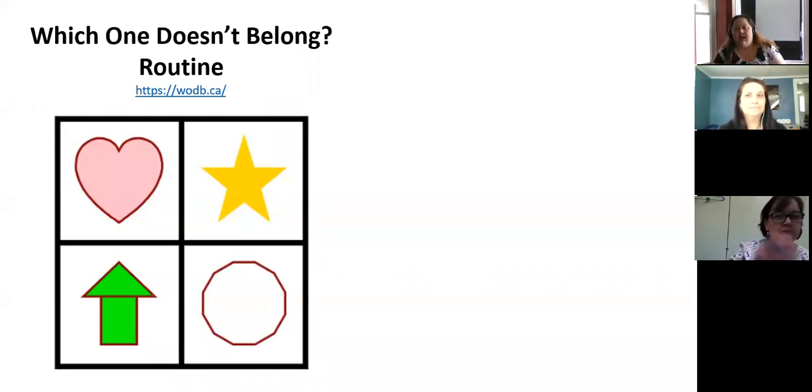In reality, there is a reason why each one of the 4 might not belong. So we'd ask students, which one doesn't belong and why do you think it doesn't belong? It really gets students thinking about concepts and ideas around mathematics, but also comparing and contrasting, right? They're comparing the images, finding what's different about them.